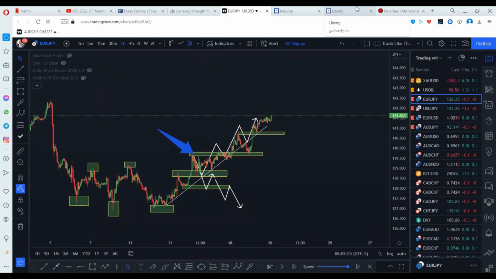Just to break down the market so you can see and understand how to trade with confidence, just identifying those key levels of resistance and support, supply and demand, whatever you want to call it. My thing is just simplify this thing.